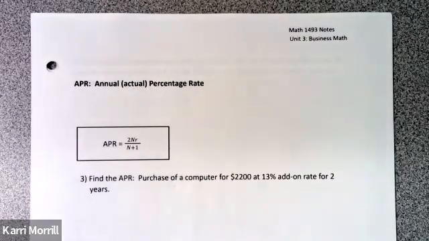So annual percentage rate, or APR, is a rate that you pay on a loan when the rate is based on the actual amount that you owe for the length of the time it's owed. That probably is a little confusing.